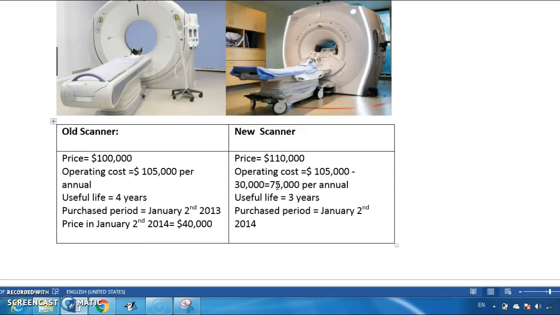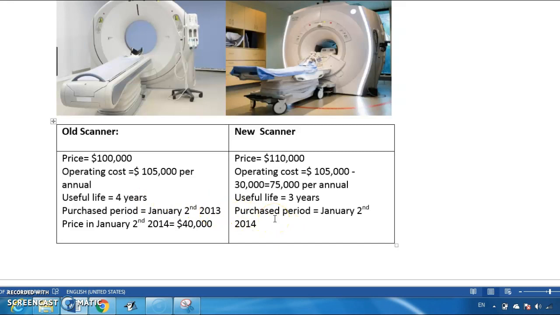So the operating cost is going to be $75,000 per annual instead of $105 for the old scanner. The useful life for the new scanner is going to be 3 years, and the purchase period is going to be 2nd January 2014.